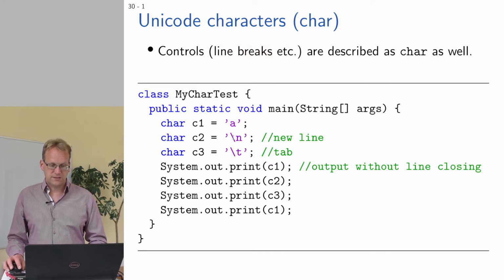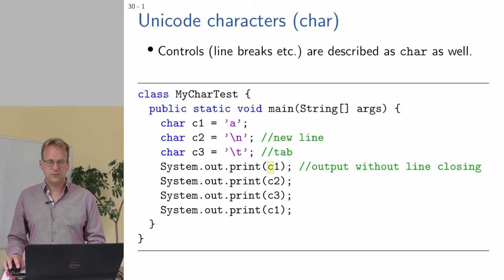And to represent the line break, we use \n, and to represent the tabulator, we use \t. So with that, if we now output these 4 char variables, what is happening?